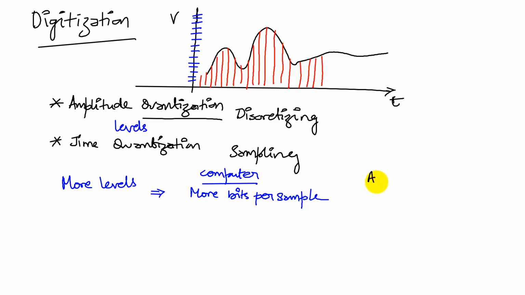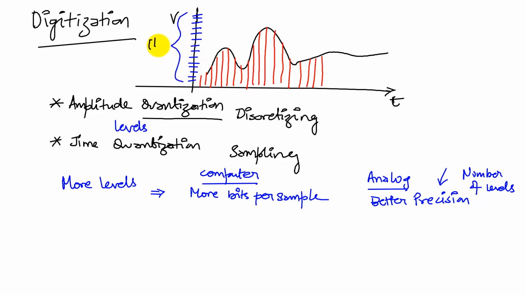From an analog standpoint, what this means is I have better precision. So we'll define the term precision. The term precision is telling us exactly the number of levels we can represent in a signal. So I'm assuming that I have around 16 levels here. If I have 16 levels, I have 4 bits per sample, so the precision is 16.